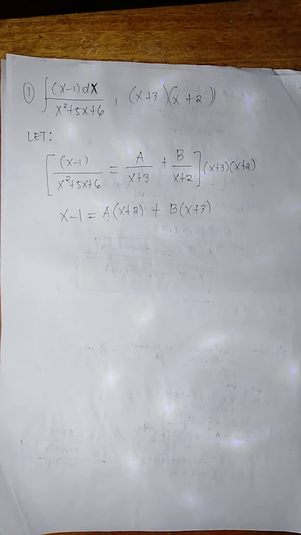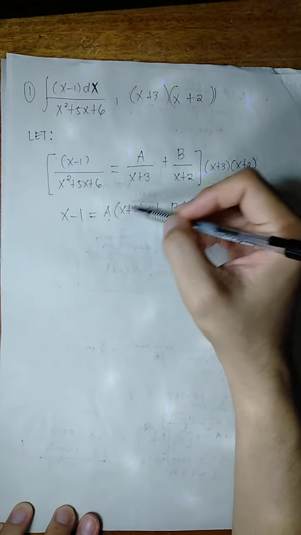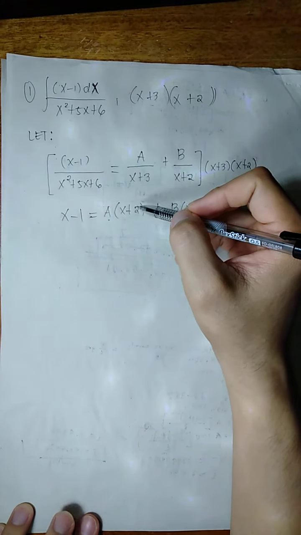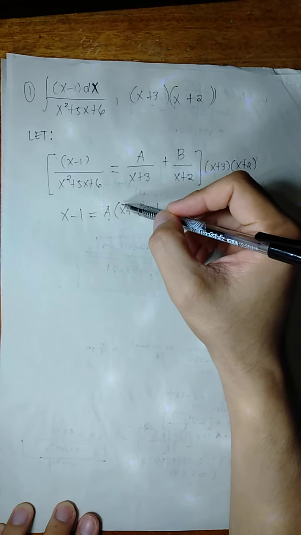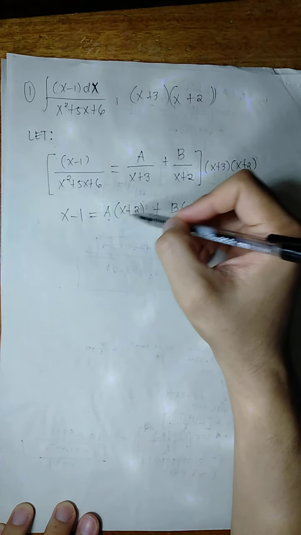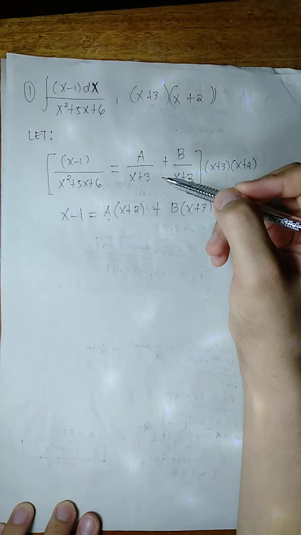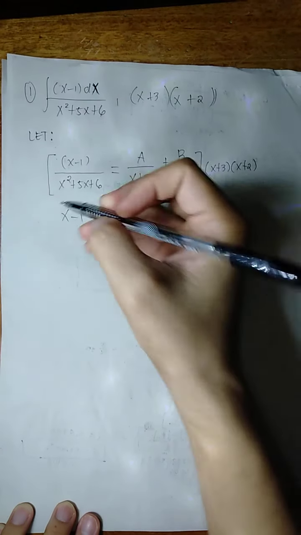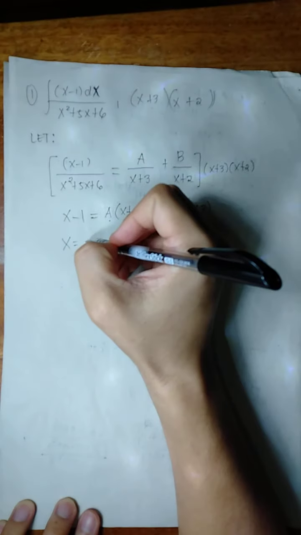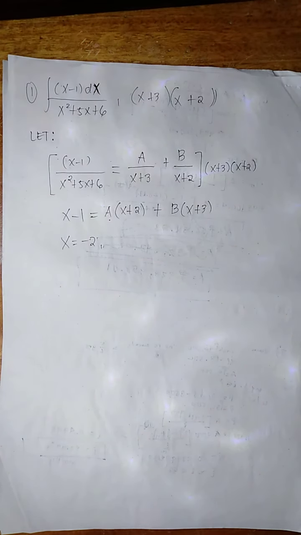By elimination, if you want to eliminate A, you make its factor 0, since 0 times any number or variable is 0. So how can you make this 0? Let x equal negative 2.